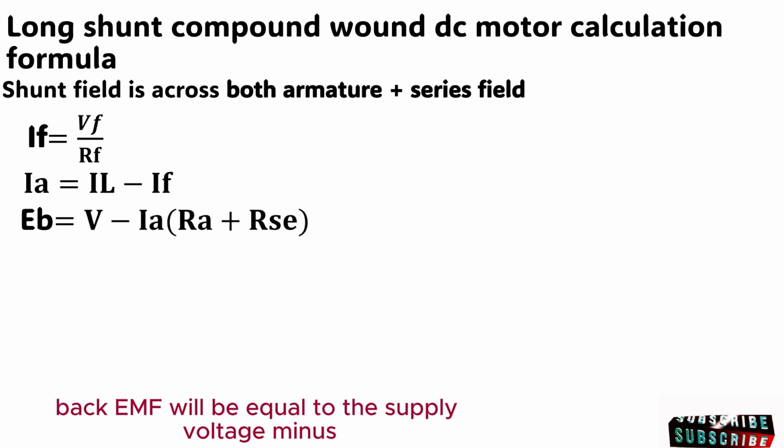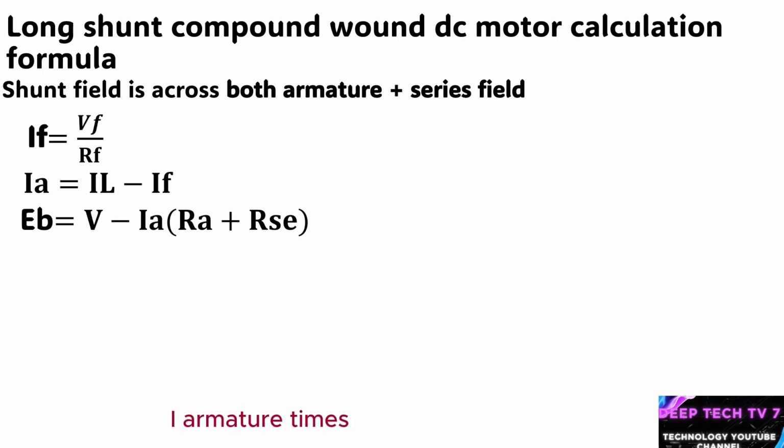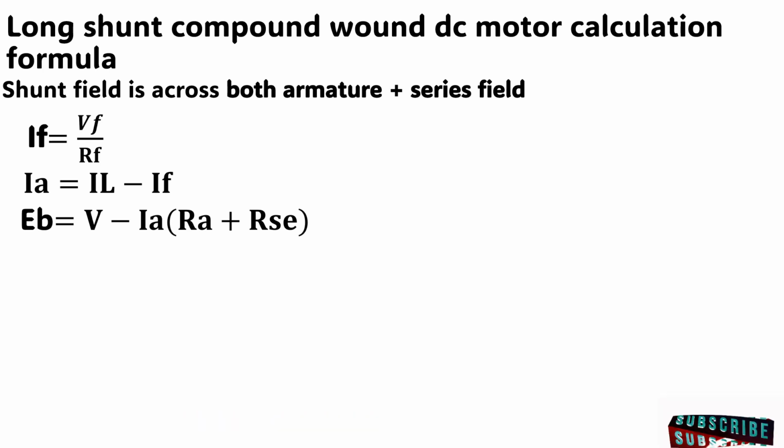Back EMF will be equal to the supply voltage minus I armature times resistance in armature plus R series times I armature.